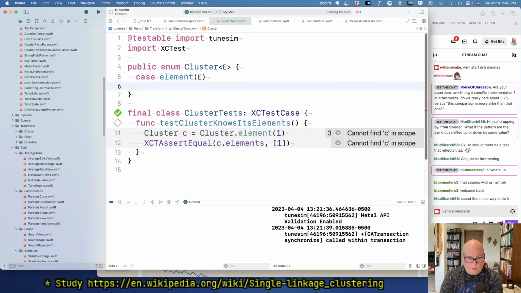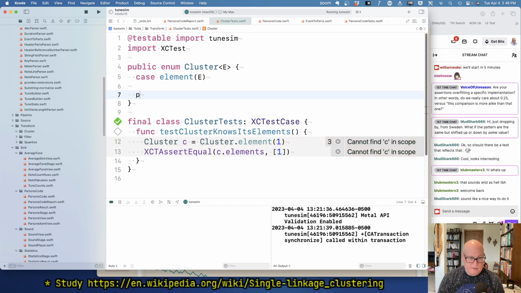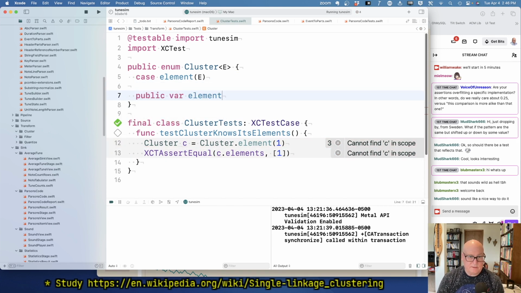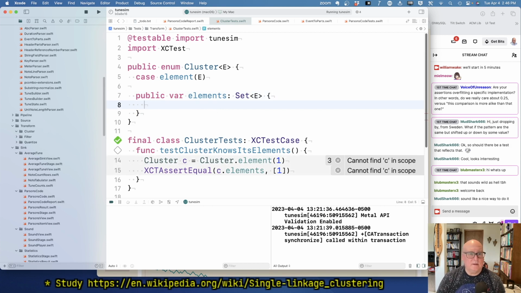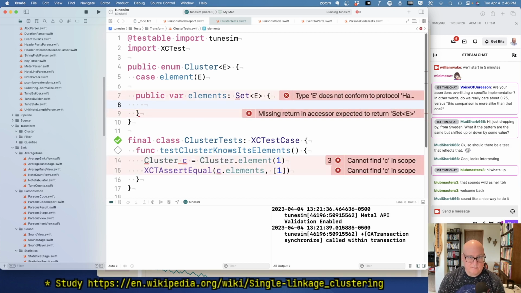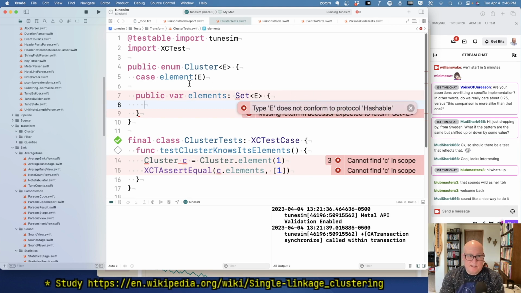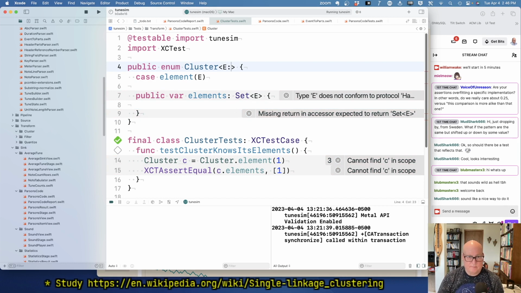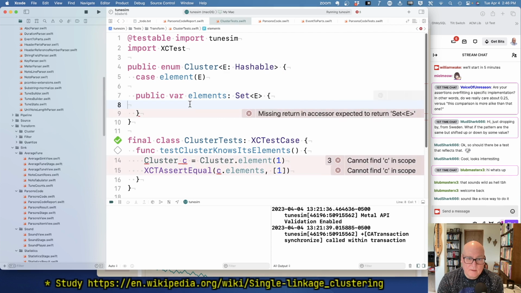And we need a variable elements is a set of E. And must be hashable, huh? Do I need a set? I guess I do. Right.